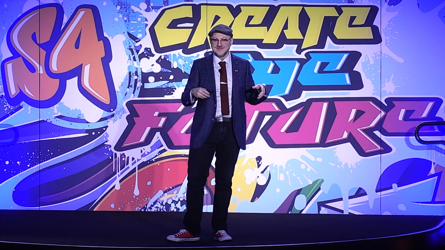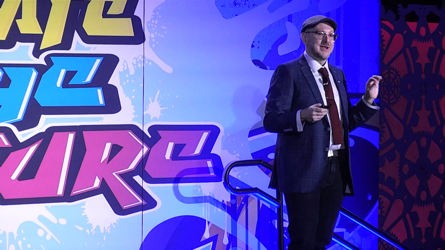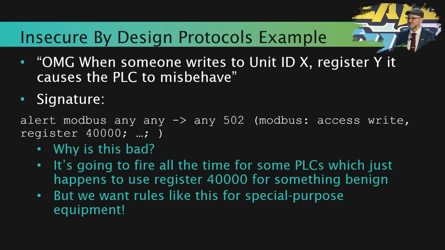But beyond that, you either miss the attack, or you set the alert for everything on your network as the source, and then you probably spot the attack, but you might get a whole bunch of noise. The reason you get a whole bunch of noise is that you're writing a signature that basically says, hey, somebody's using this protocol to write to this register. Let's pretend again that it's register 40,000. That's not the actual register, I don't think, that was in use, but let's pretend for the sake of argument that it is.